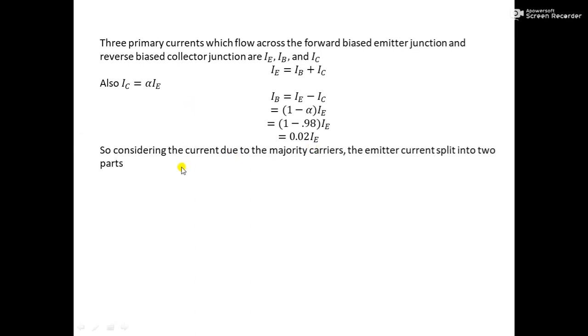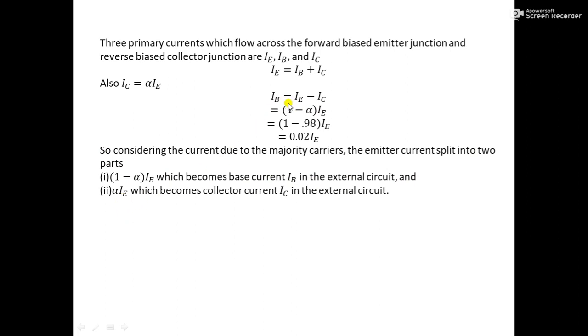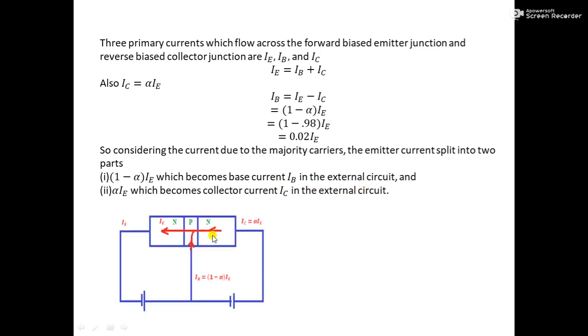Considering the current due to the majority carriers, the emitter current splits into two parts: 1 minus alpha times IE, which becomes the base current in the external circuit, and alpha IE, which becomes the collector current IC in the external circuit.